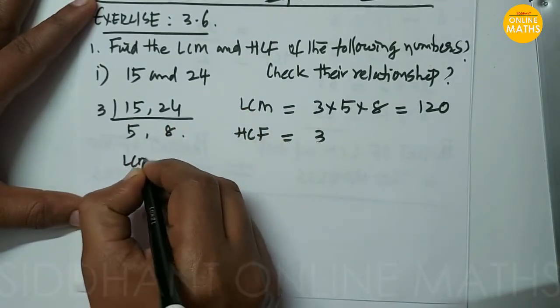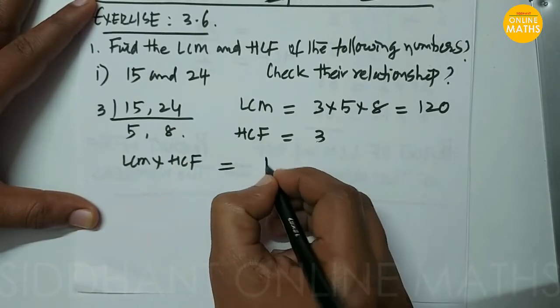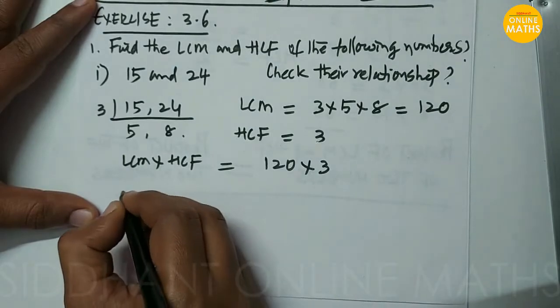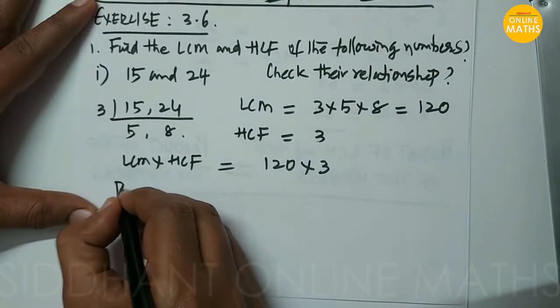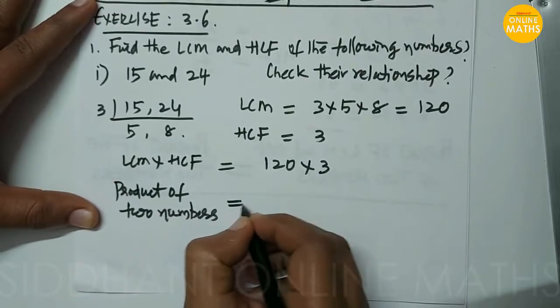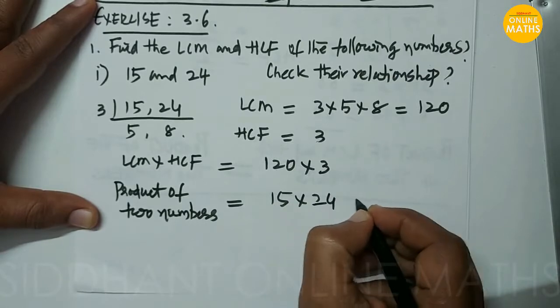So LCM into HCF, when you see that, is 120 into 3. And the product of the two numbers is 15 into 24.